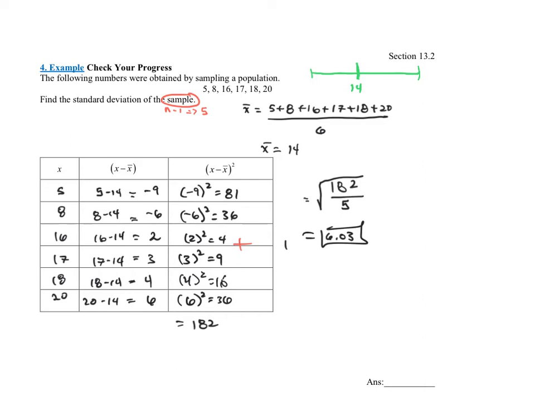So if I added 6.03, I would have 20.03. And if I subtracted 6.03, I would have 7.97. So what we're saying is the majority of these data values, remember this is just a sample, we're not seeing the entire population, the majority, over 80% of these data values are between the values of 7.97 and 20.03.